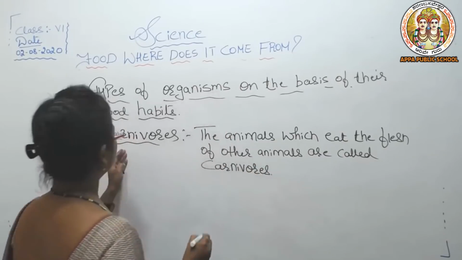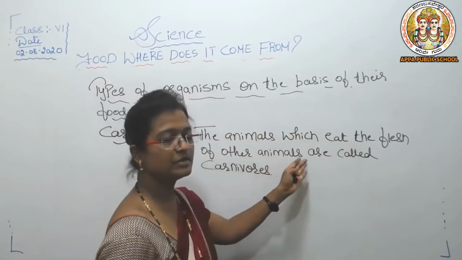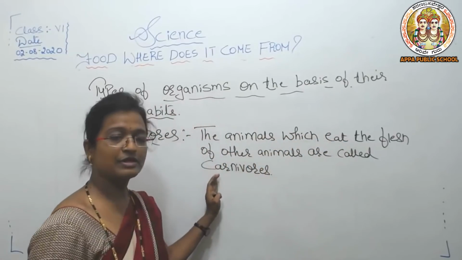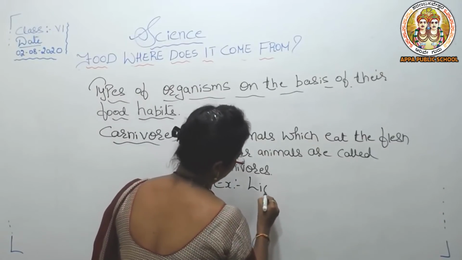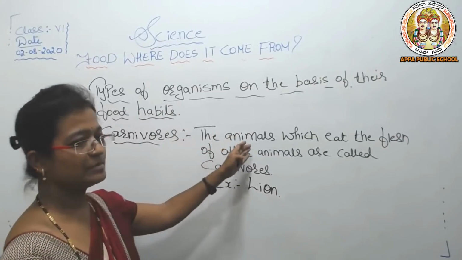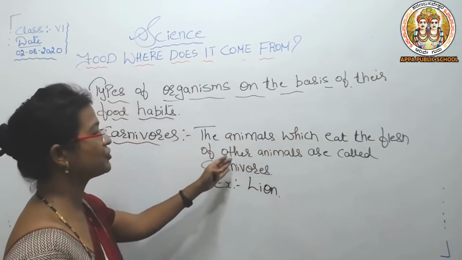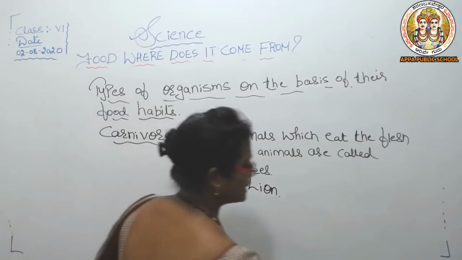So what do you mean by carnivorous? The animals which eat the flesh of other animals are called carnivorous, and the example for this is lion. So what do you mean by carnivorous? The animals which eat the flesh of other animals are called carnivorous, and the example is lion.